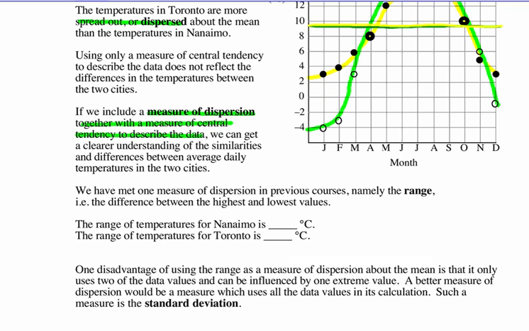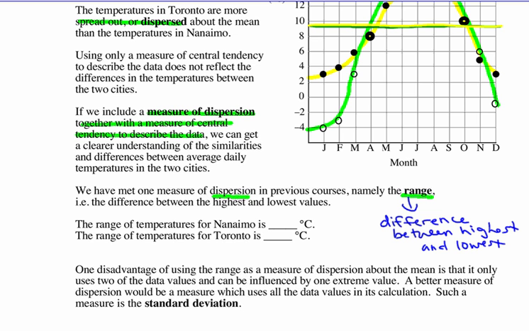One way we can talk about dispersion is through something called range. We take the highest and the lowest, and we find the difference between them. So, the difference between highest and lowest data.